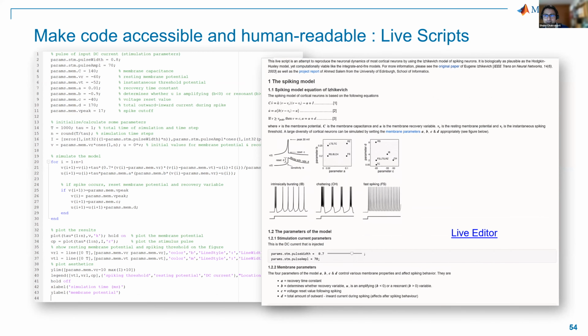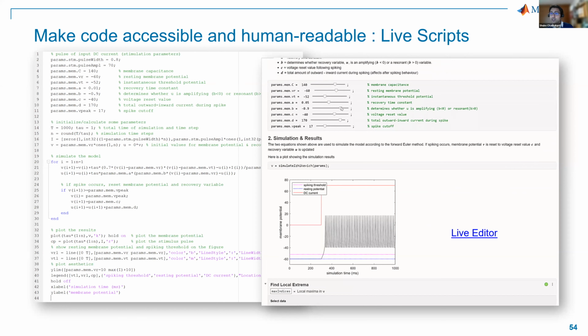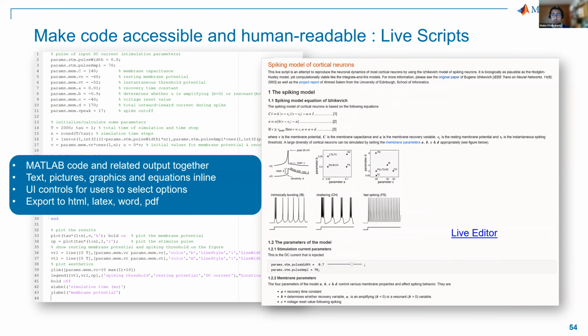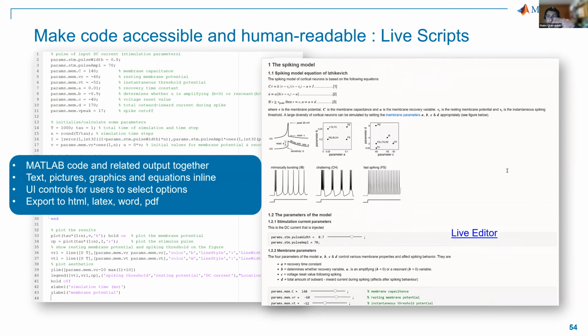Coming back to the live script, it is a way of combining MATLAB code with output and with things like text, pictures, graphics, and equations in one document, so that it helps people to learn and grasp what you've done in your analysis pipeline.